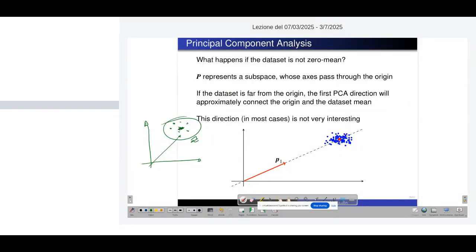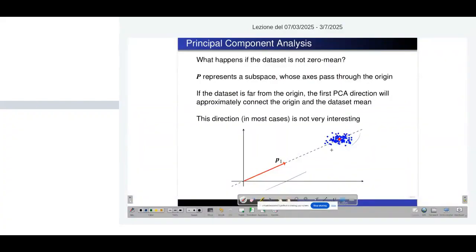Not necessarily exactly the mean, so it will not necessarily be the line that connects the origin with the mean of the data, but it will be close to that orientation. Why? Again, it's something that we take as true because we don't have time to prove it, but maybe I will say a couple of words when we see the characteristics of the directions that we find, which may explain this behavior.